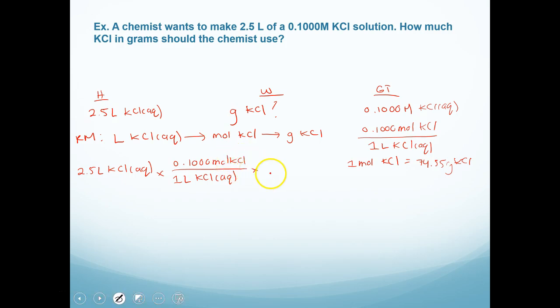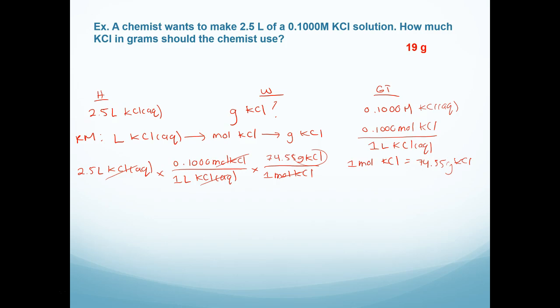Okay, and then for every 1 mole of potassium chloride, we have 74.55 grams of potassium chloride. And let's make sure our units cross cancel, and we're left with what we want. We have grams here. When we do that, we get 19 grams.